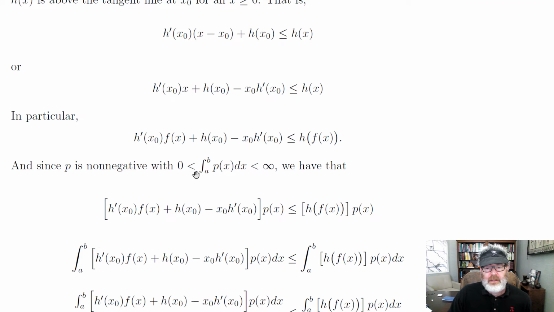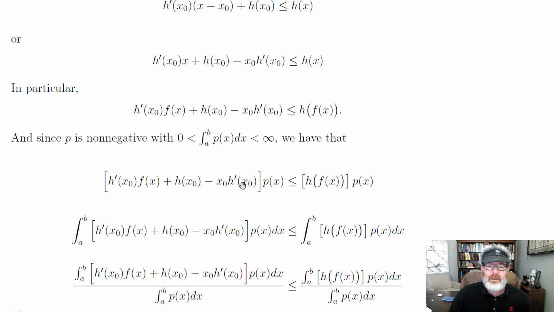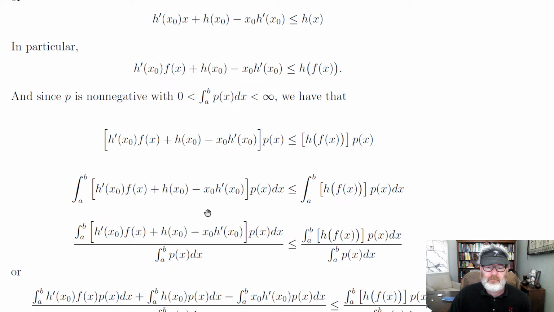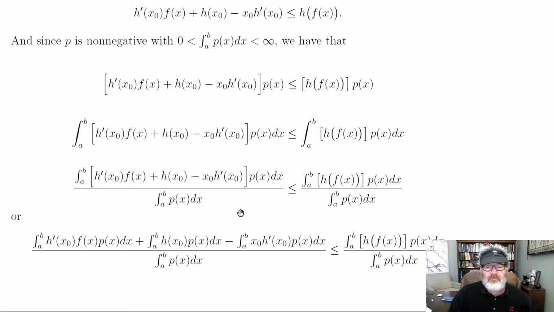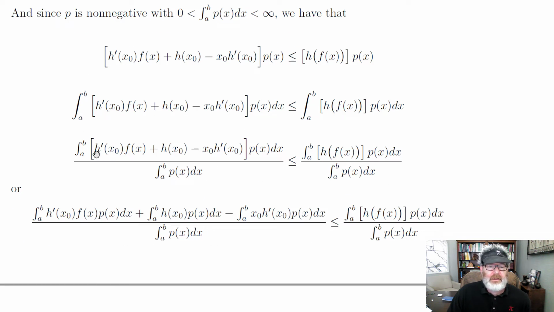Since p is non-negative and has a positive integral, we can multiply both sides by p and then integrate, and that will maintain the inequality. So multiply both sides by p, integrate, and then divide by the integral of p. Again, so I'm not dividing by 0, and it's a positive quantity. So I now have this integral, and I'll distribute this p, so now I have 3 integrals.